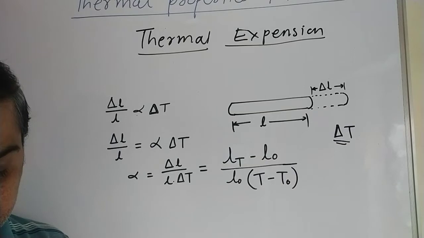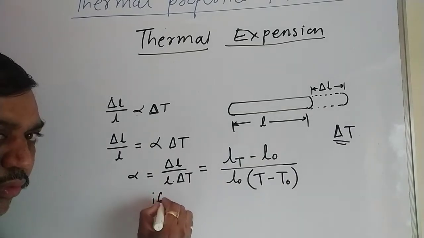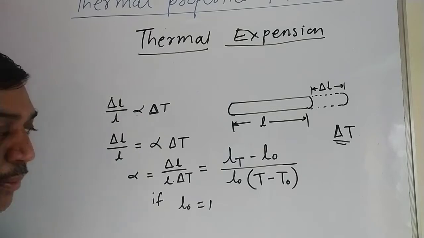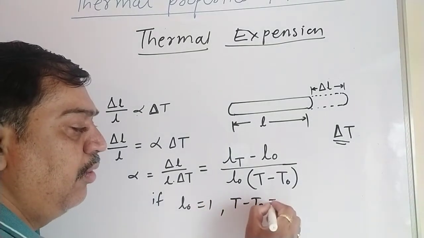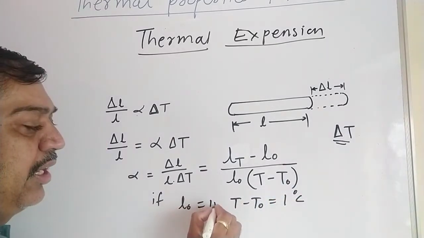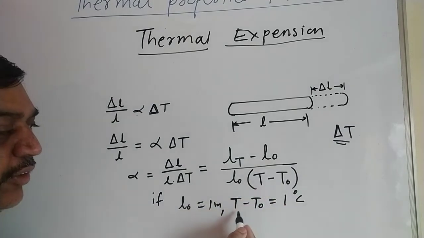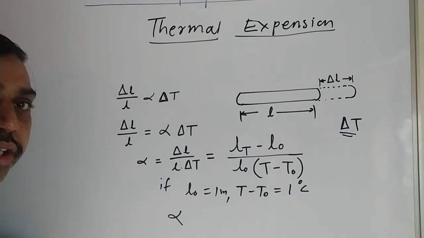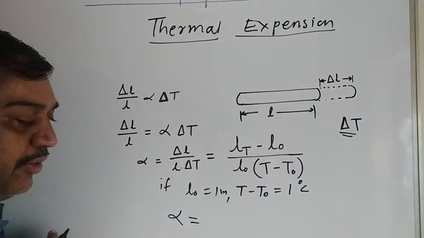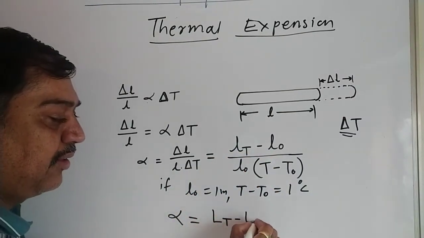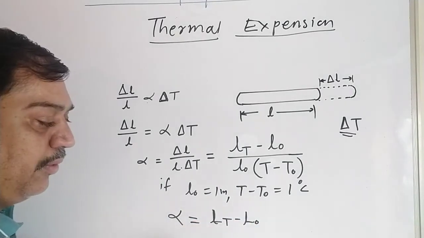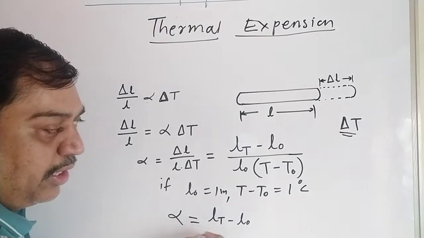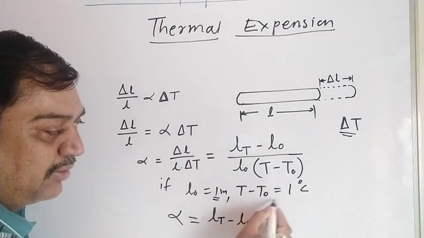After that, in this equation, if the original length L0 is equal to 1, and the change in temperature, T minus T0, is equal to 1 degree Celsius, suppose the original length is 1 meter or centimeter, whatever it may be, and the change in temperature is 1 degree Celsius, then you can write alpha equal to LT minus L0 divided by L0, which we assume 1, and T minus T0, which we assume 1.